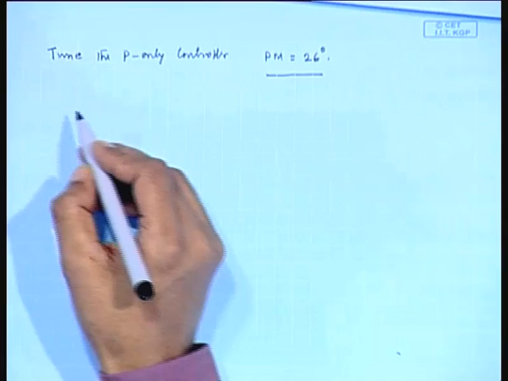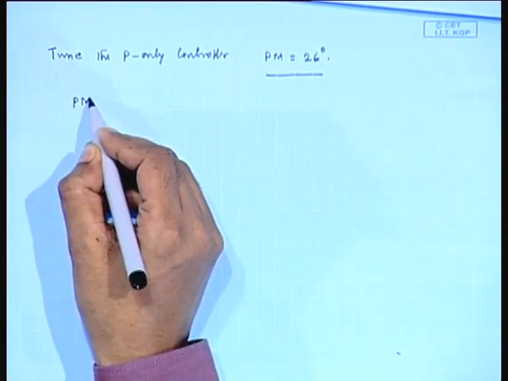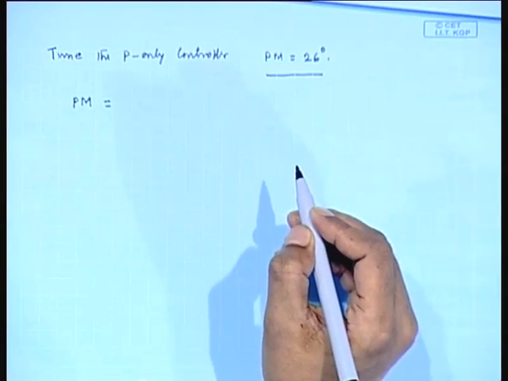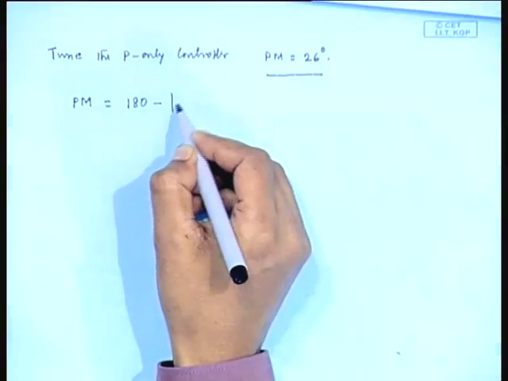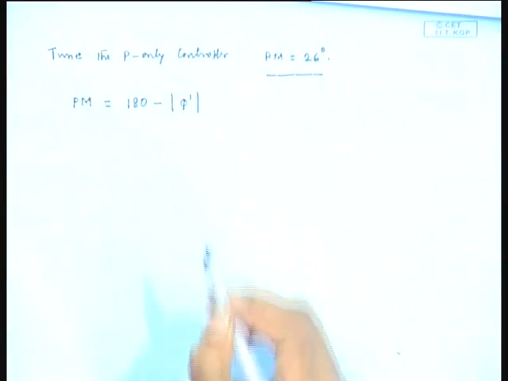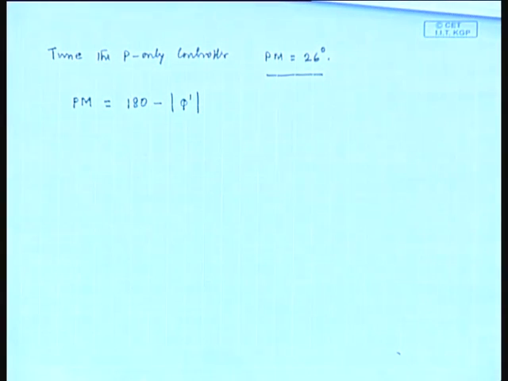Now, we know the expression for phase margin. Phase margin we express as 180 minus phi prime. This is the expression for phase margin, 180 degree minus phi prime.